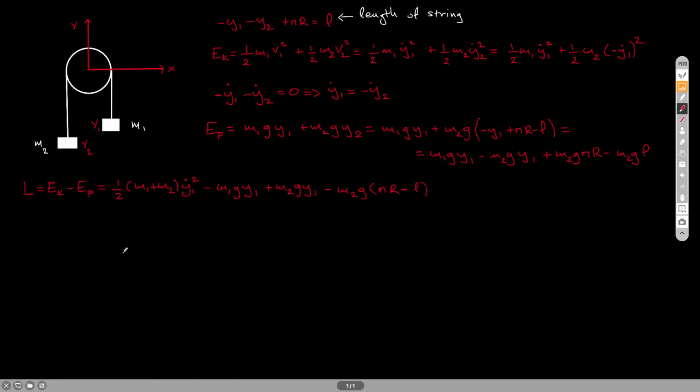Alright, so that's the Lagrangian, and now the variable that I'm using is y1.